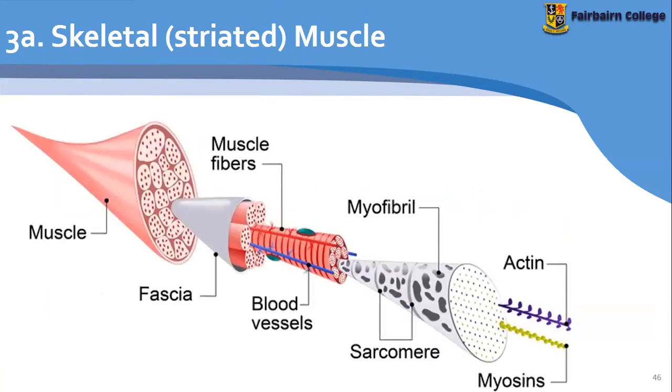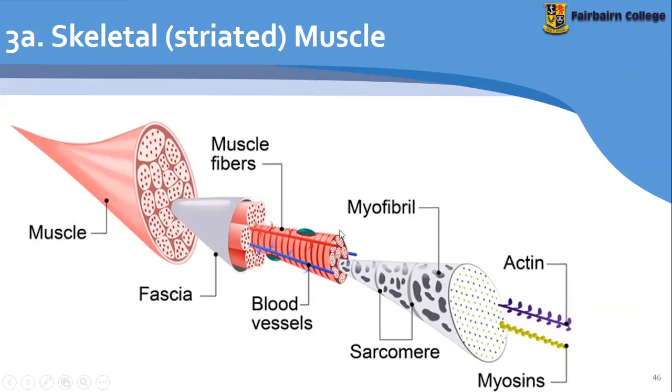Here's just a breakdown of how skeletal muscle comes together. Not going to spend time on this. The important one to note here is this middle one, the muscle fiber, because that's the one that you have to know. You can see that it actually is quite complex. It consists of a lot of things inside of each other that make up bigger parts.